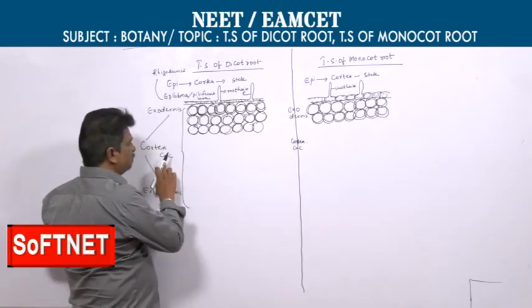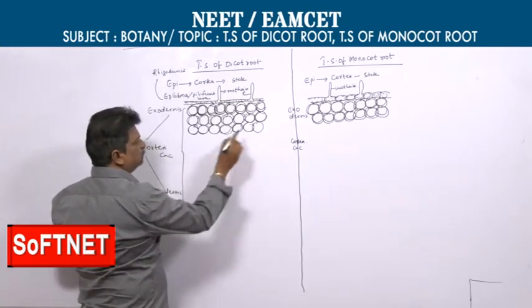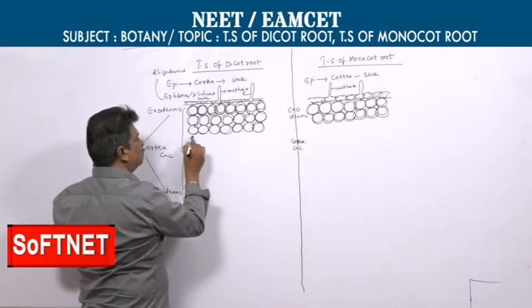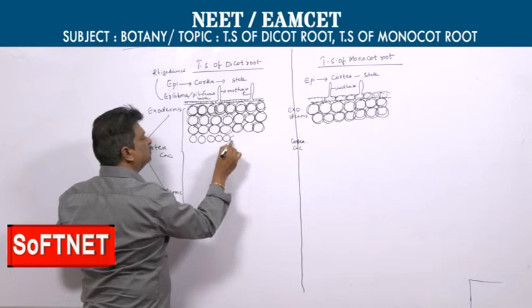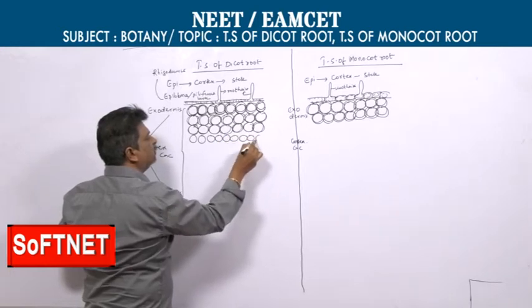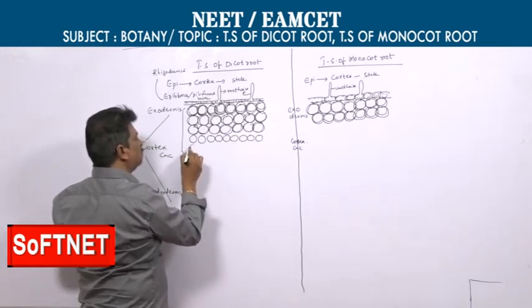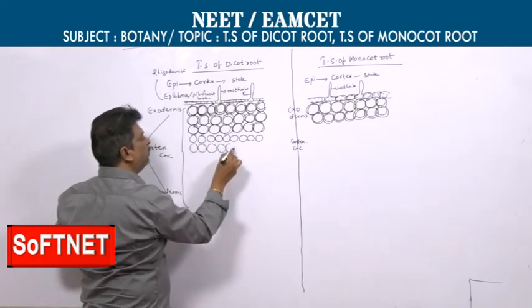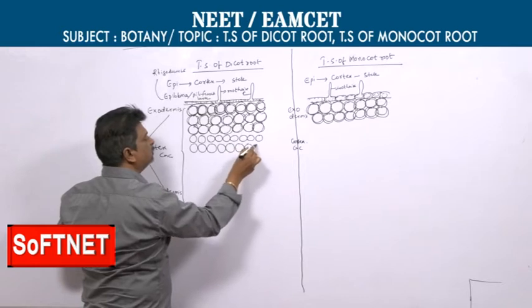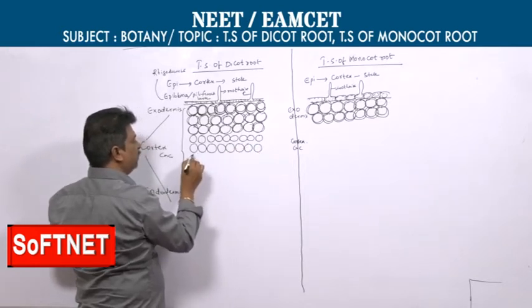Next one, general cortex. General cortex is present in between exodermis and endodermis.